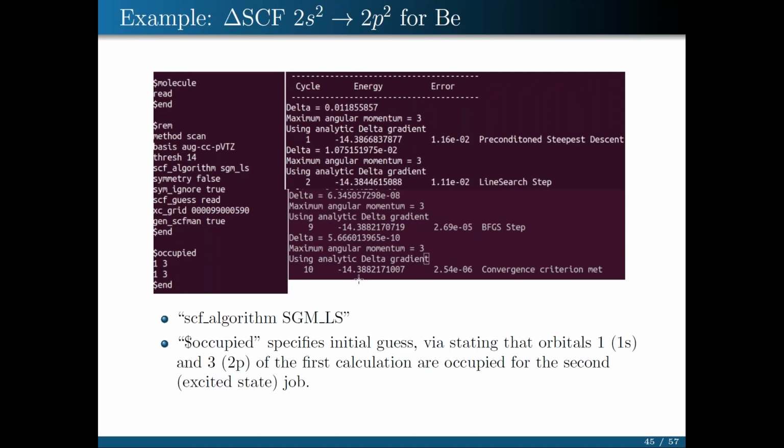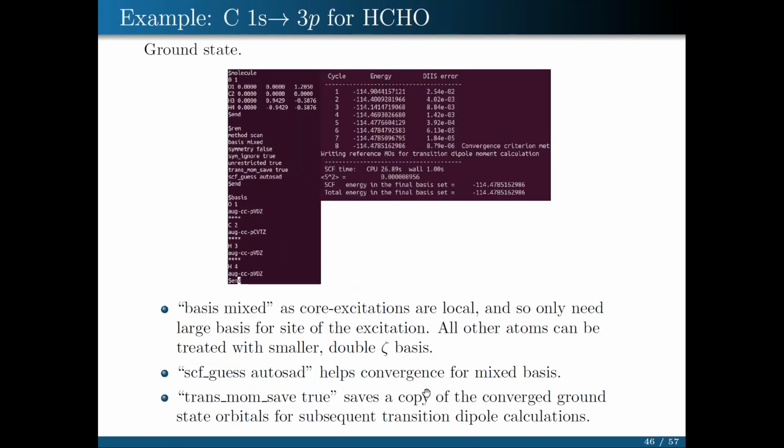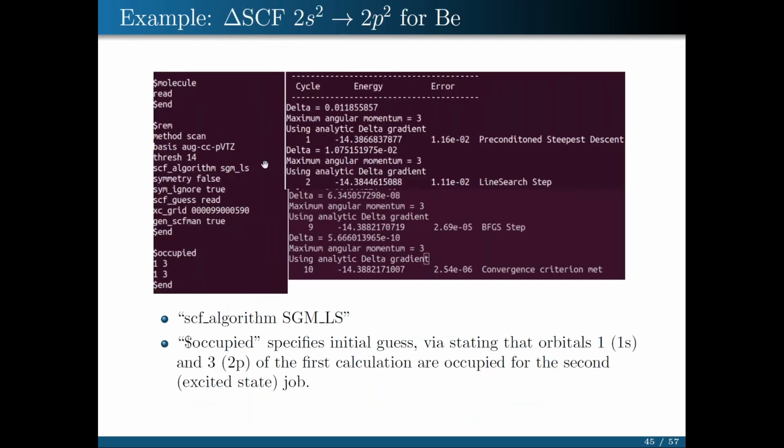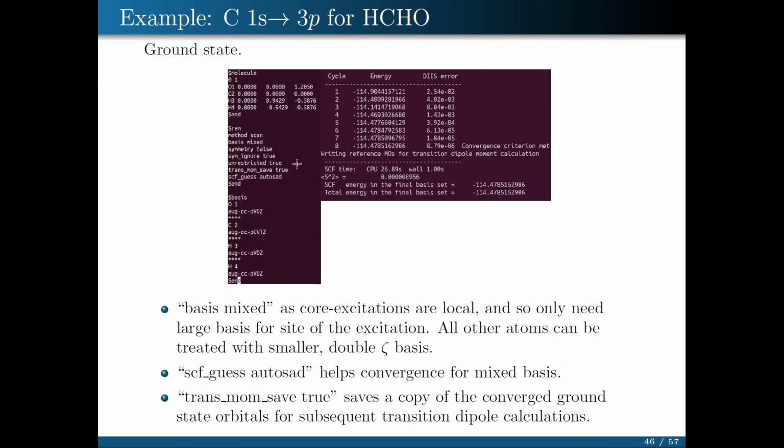Now that was a delta SCF example. Let me just give a restricted open shell Kohn-Sham example of this. This corresponds to an excitation out of the carbon 1s orbital of formaldehyde to a 3p level. Like before, we converge a ground state solution, and you will notice one interesting thing about this calculation is that it uses a mixed basis set instead of just the plain cc-pVTZ used for the beryllium atom.